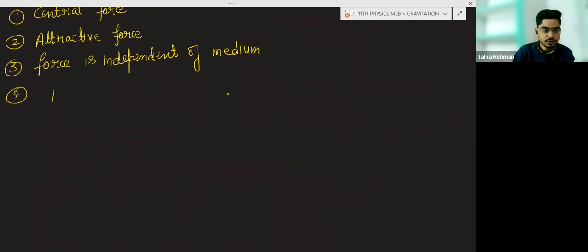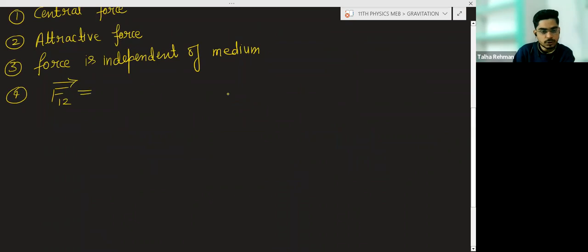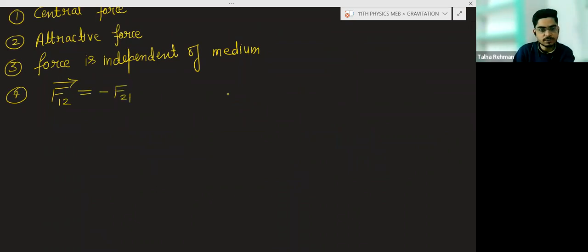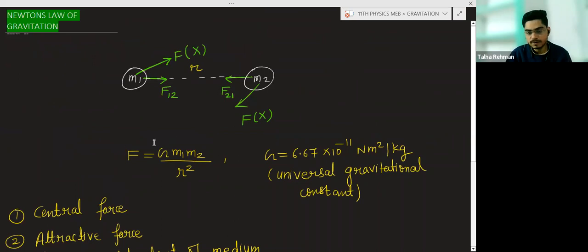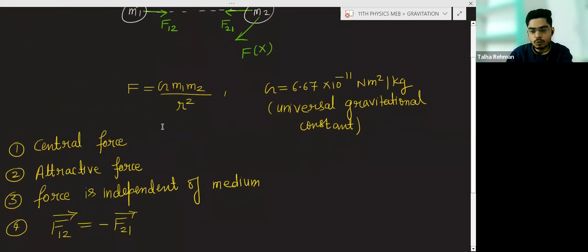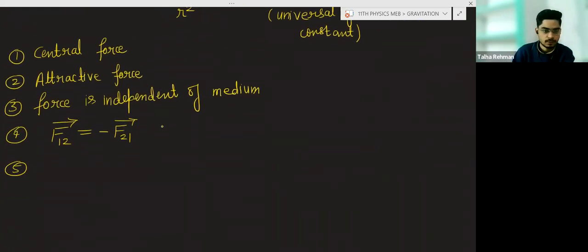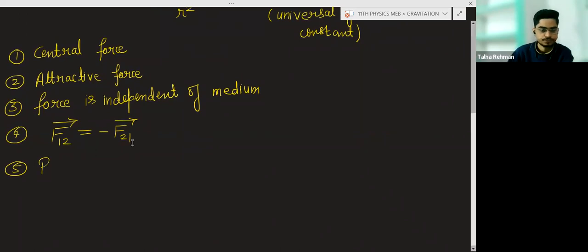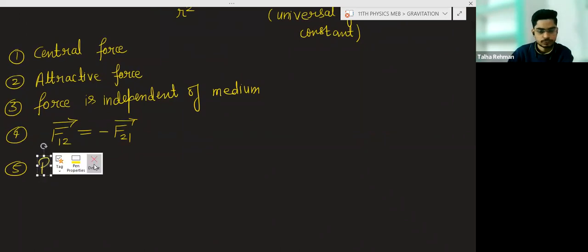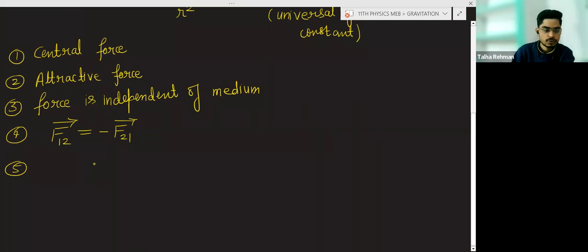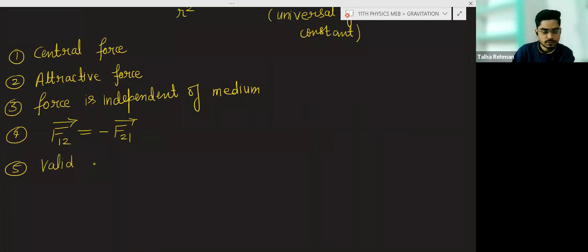So we can write force on mass 1 due to 2 is equal to minus of force on mass 2 due to mass 1. And this formula is valid for point masses only.